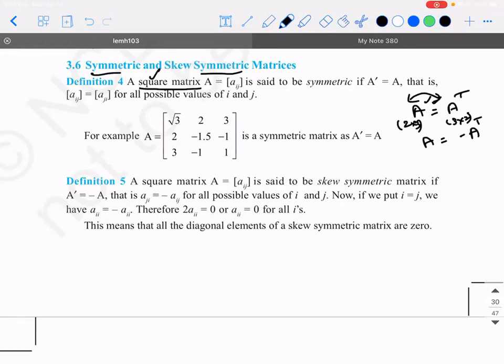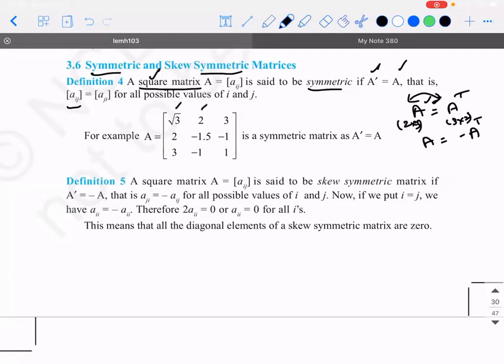A square matrix is said to be symmetric when A transpose is equal to A. That is when all the elements in the matrix A and all the elements in the matrix A transpose are the same, then you call it a symmetric matrix.